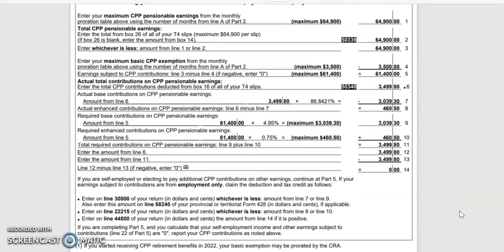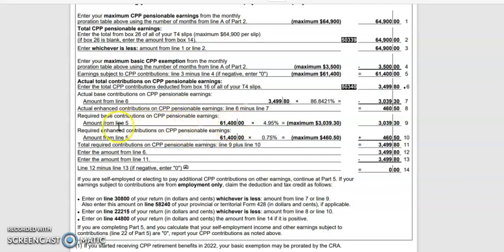We came to here, and we know that the actual enhanced contribution on CPP pensionable earnings was the $460.50, which we put into the total income for, or deducted, for Samuel. And then we calculated the required base contribution.